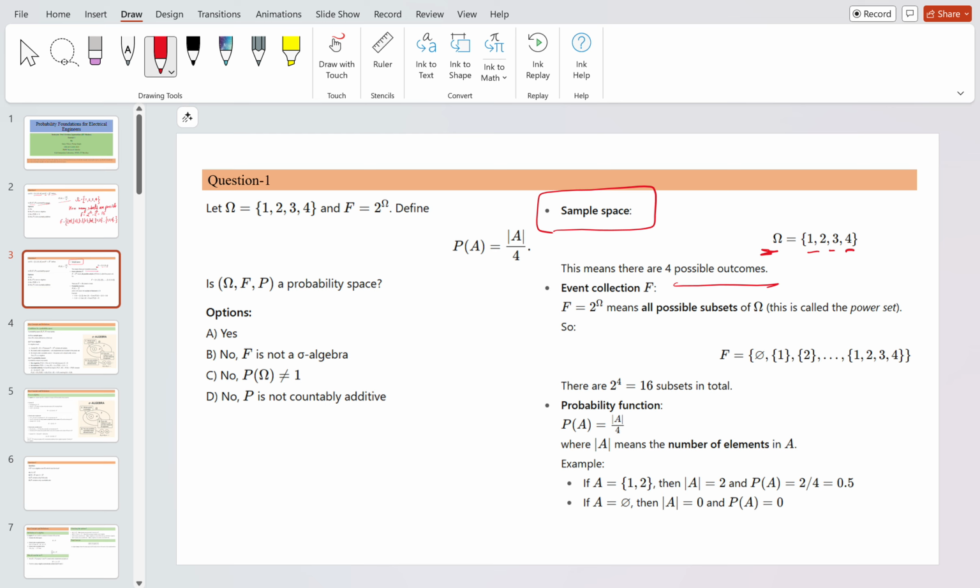The event collection means all the possible subsets, which we have already seen: the empty set, taking one element, two elements, three elements, and all four elements.